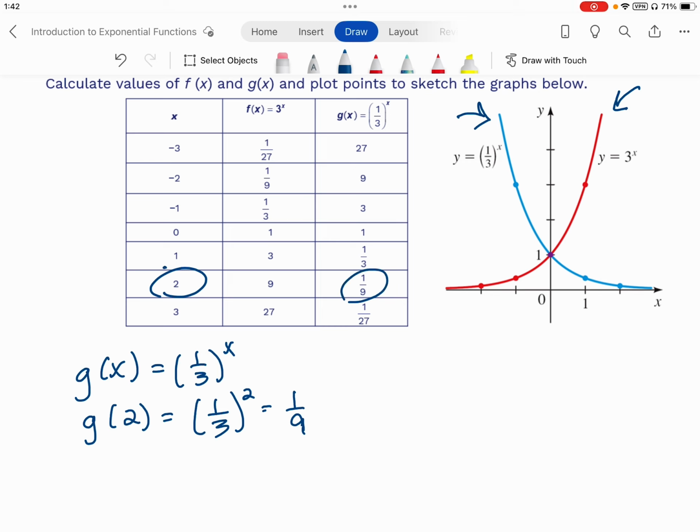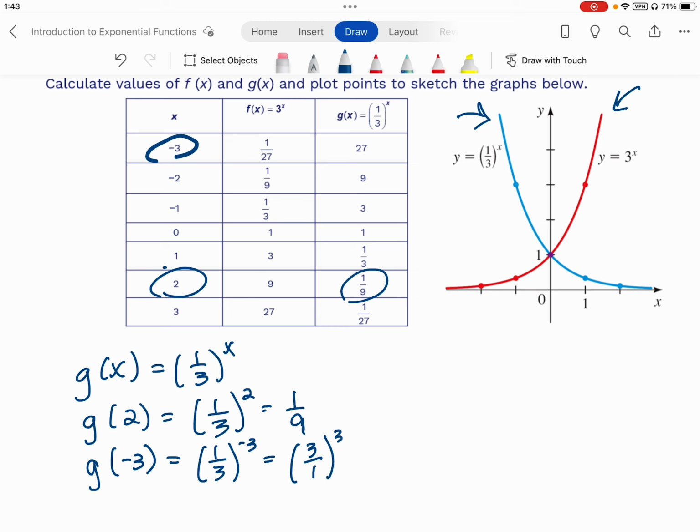And then if you have, let's say, a negative number, like g of -3, that would be 1/3 to the -3. Now, when you have a negative on the outside of a whole fraction like that, what you can do is flip that fraction, and that will make that exponent positive.